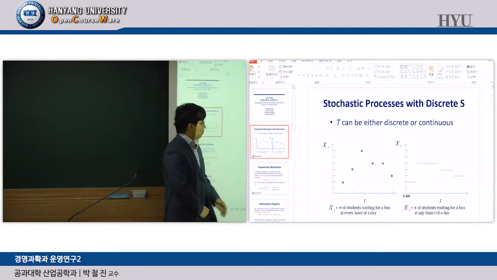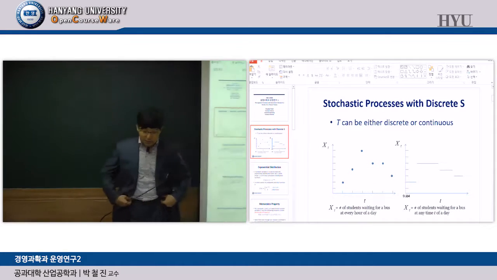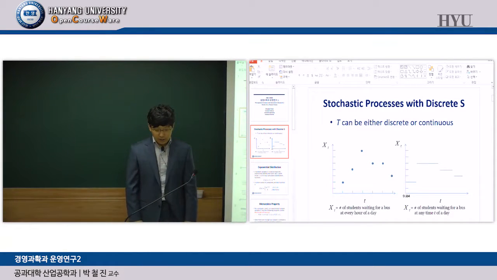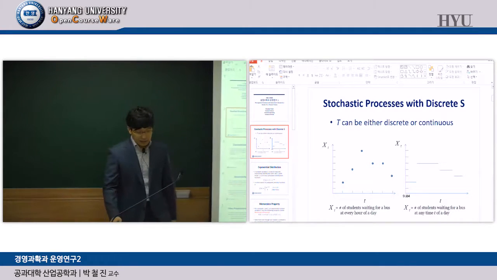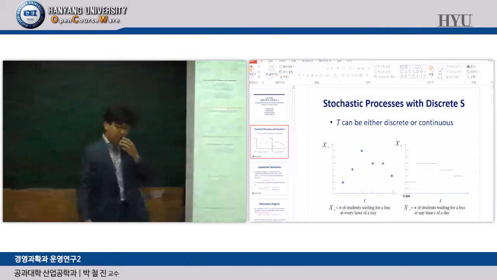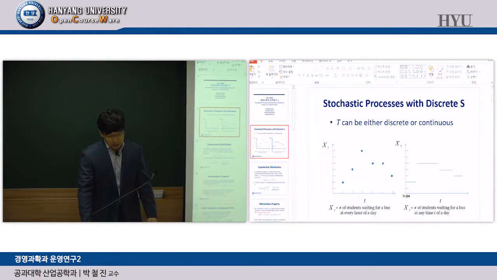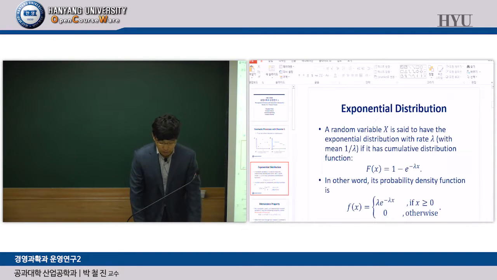Now we are going to talk about a different type. The simplest version of a stochastic process defined on continuous time is a Poisson process, or we call this a point process generally. So we are going to start with the Poisson process.